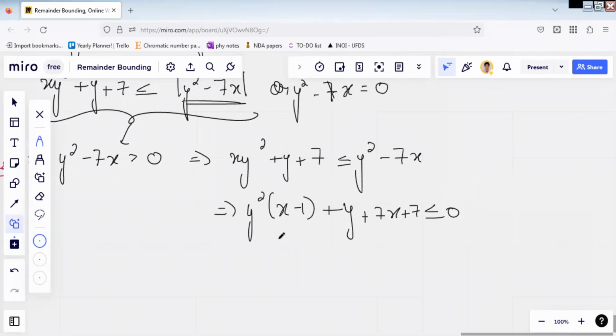Now we have that x and y are positive integers, right? Like x is at least 1, which implies x minus 1 is at least 0.